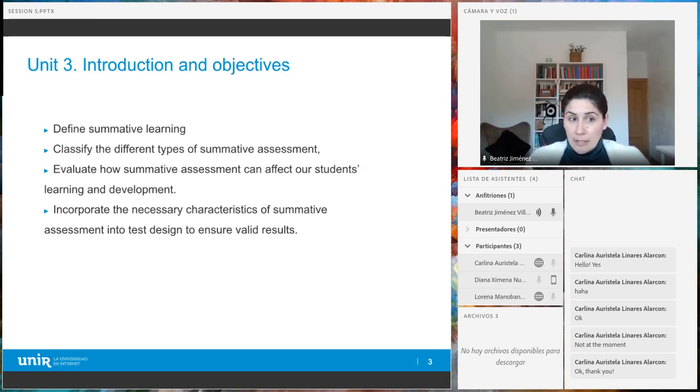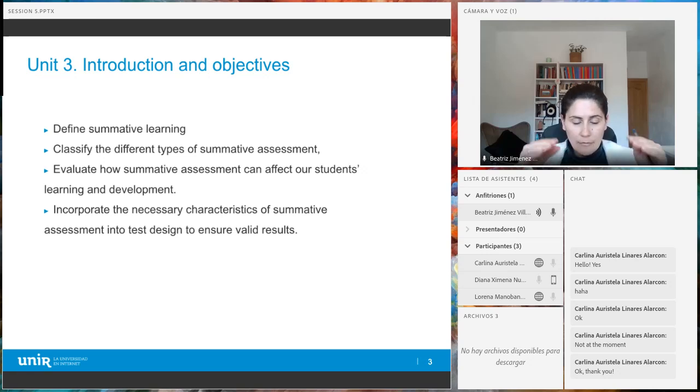Okay. Summative assessment, which is the one that we're going to review today, is the result of a term, or the result of an academic year, and usually it occurs at the end of the year, at the end of a term, or at the end of a unit.